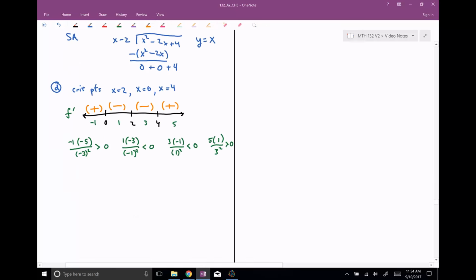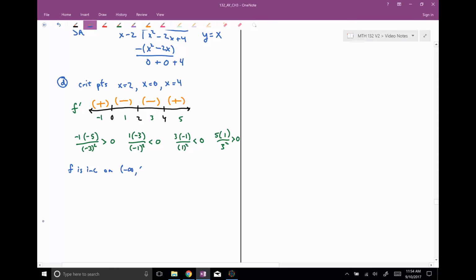Okay, so where is this increasing? Where is it decreasing? Classify the critical points. So F is increasing on negative infinity all the way up to 0, then again from 4 to infinity. F is decreasing on 0 to 2, and then again from 2 to 4, right?